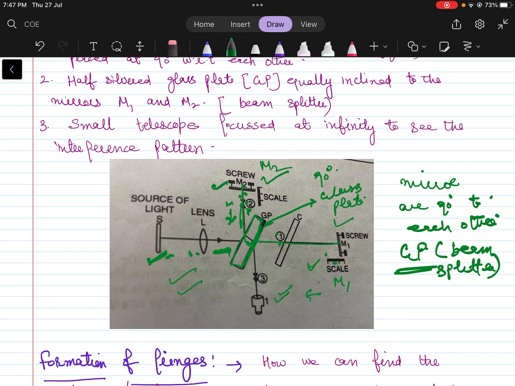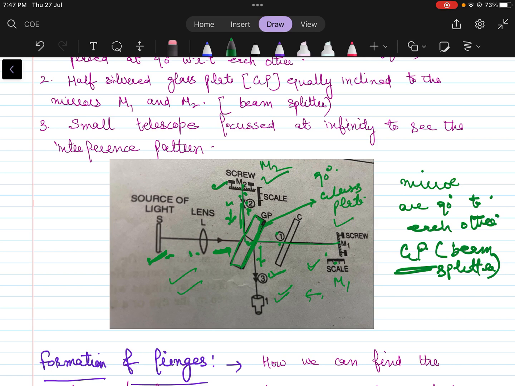These two are rejoined. The third beam contains light reflected from mirrors M1 and M2.